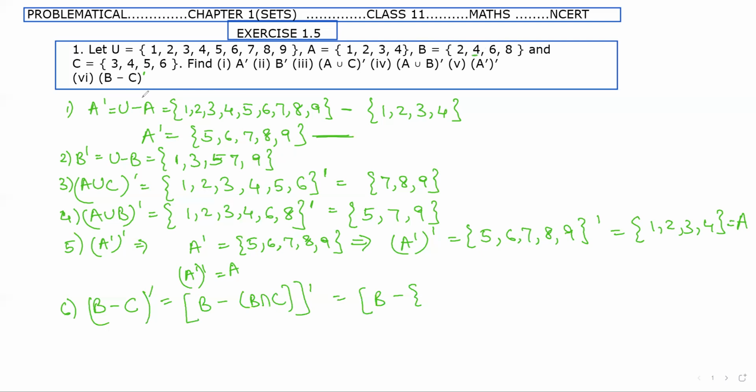So 4 is an element which is common, and 6 is the other element which is common. So 4, 6. Subtracting these elements from B, we'll get 2 and 8. Now 2 and 8's complement, which means all the elements from the universal set except 2 and 8, would be 1, 3, 4, 5, 6, 7, and 9.